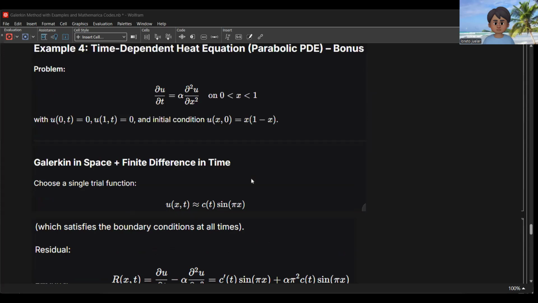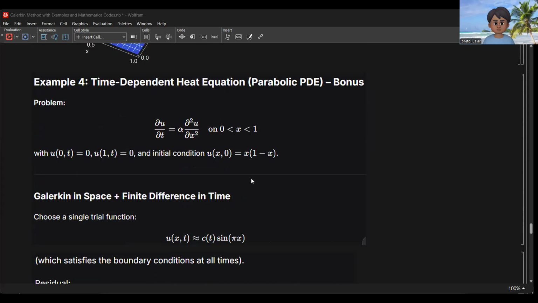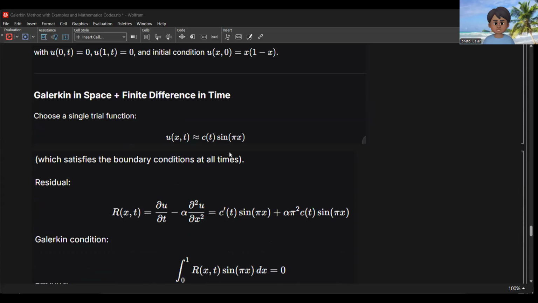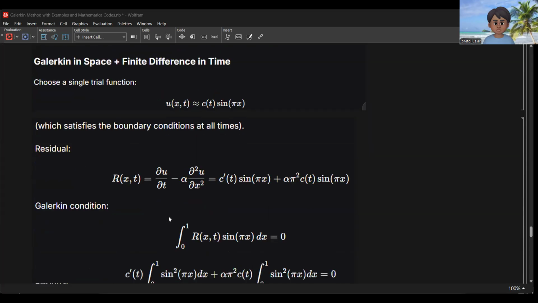Our single trial function is equal to c of t times sine pi x. So we have this r as a function of x and time. But we have to multiply this by sine of pi x here.